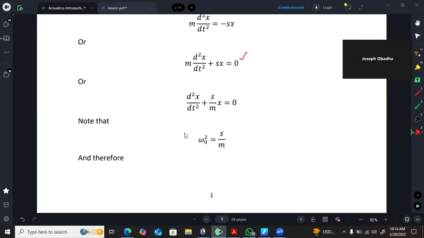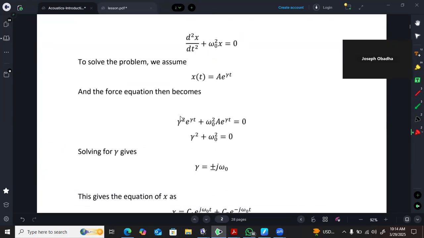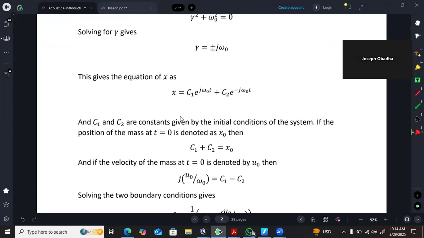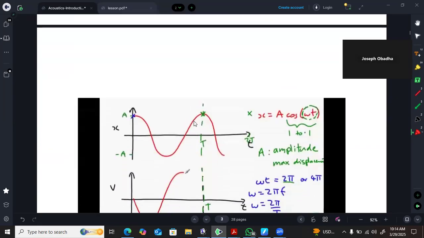As we have written this equation, then we have the fundamental frequency of oscillation. And then we have said the solution is in this form. So that is the most important aspect of this particular part.